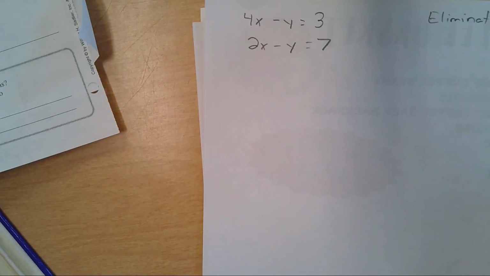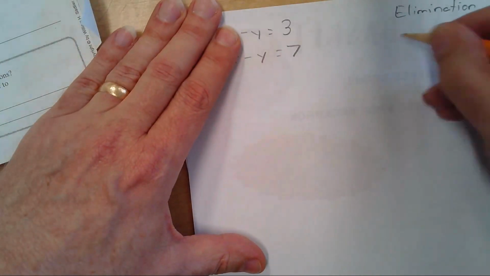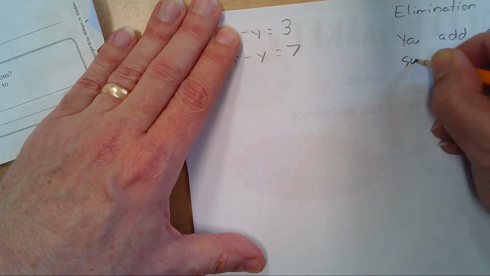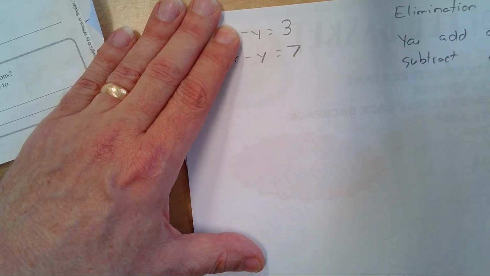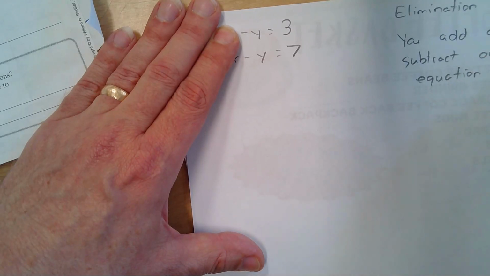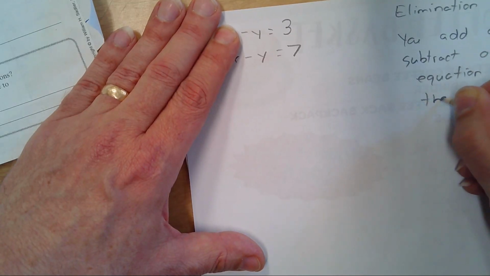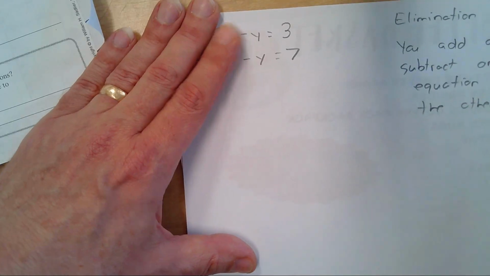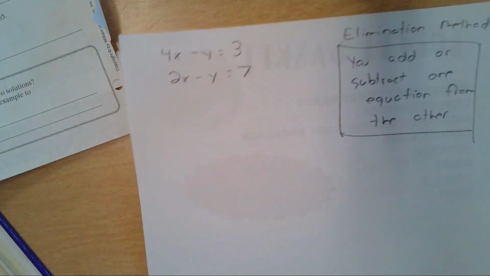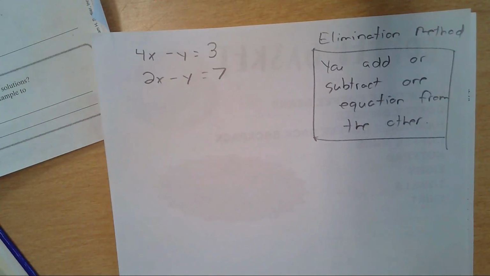And then the whole key here is you add or subtract one equation from the other, right? This is all I have to say. They present these pretty clean to us this year.